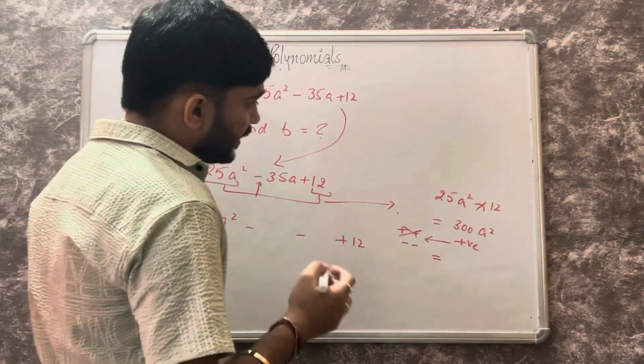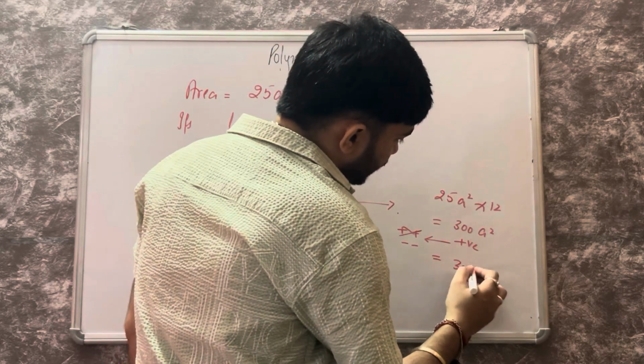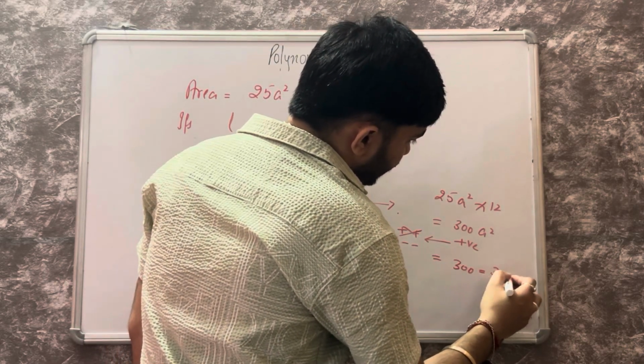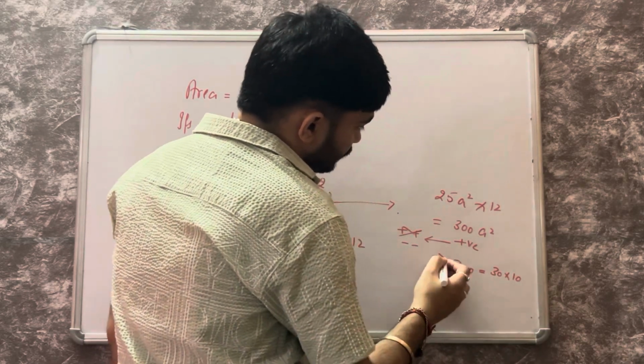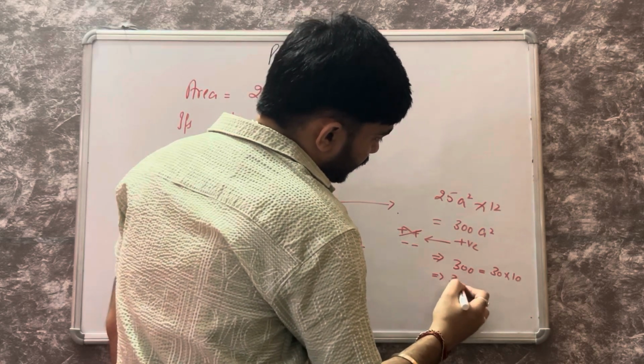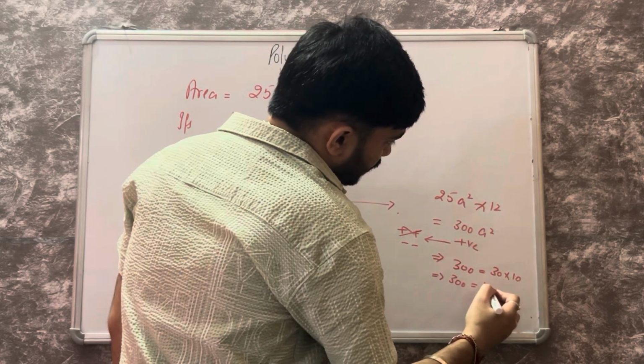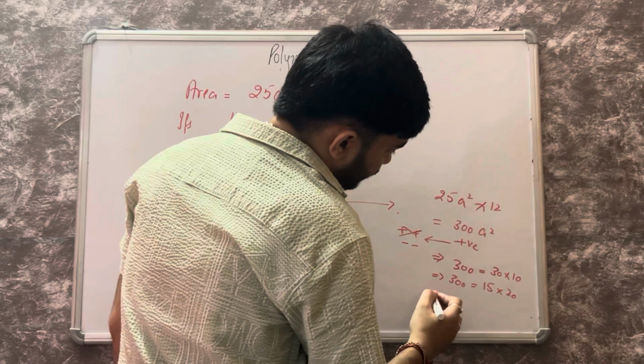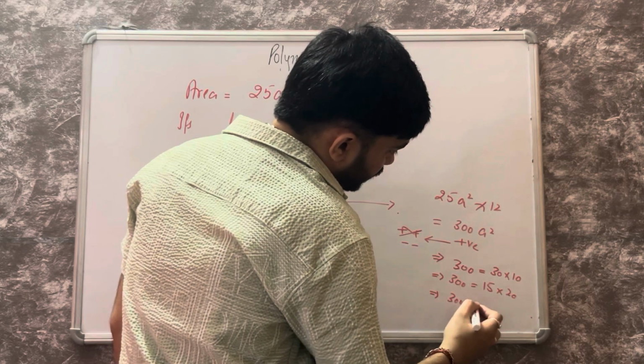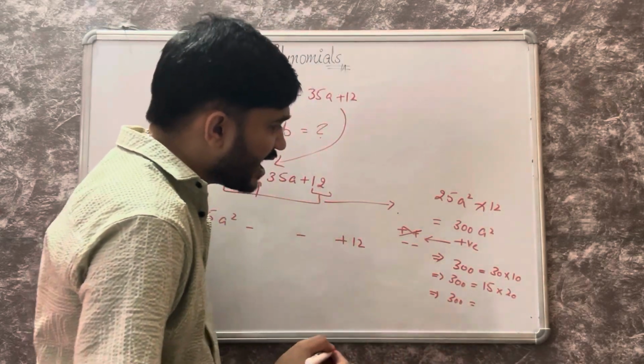So as I can see, 300 is equal to 30 into 10, or 300 is equal to 15 into 20, or anything else.